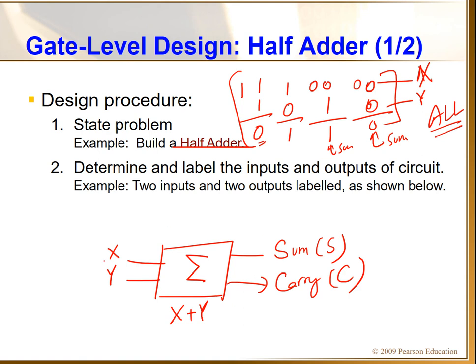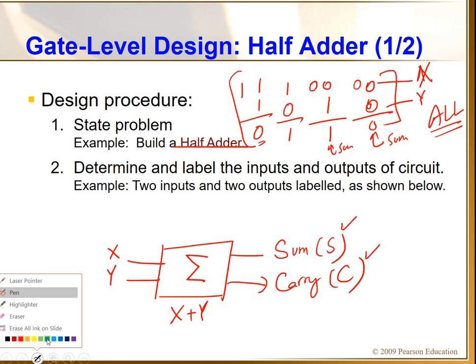So basically when we add two binary inputs, we get two outputs: a sum term and a carry term. So this is called a half adder.